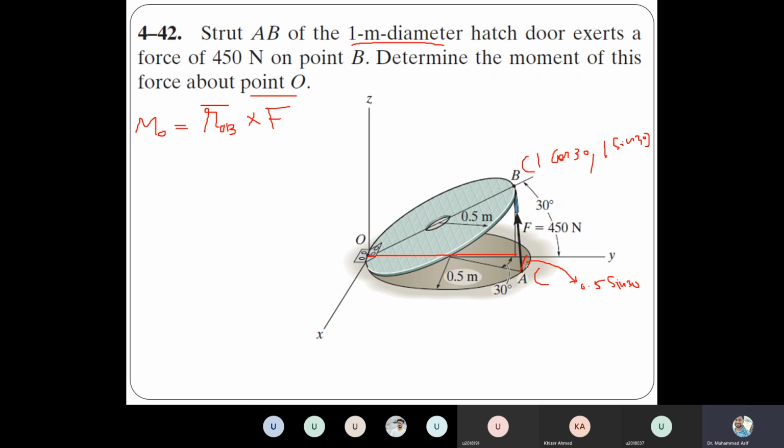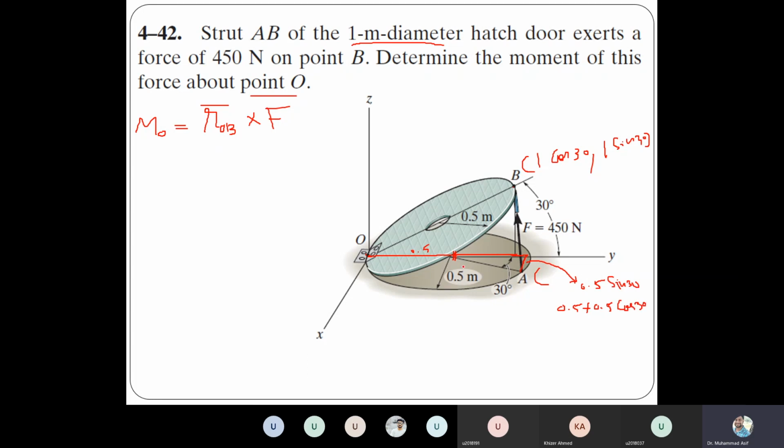Then we also need this distance. From here to here is half, 0.5. And from here to here is 0.5 cos 30. So the other coordinate, in the y direction, is 0.5 plus 0.5 cos 30. So we have the two coordinates of A: in the x direction it is 0.5 sin 30, and in the y direction 0.5 plus 0.5 cos 30.